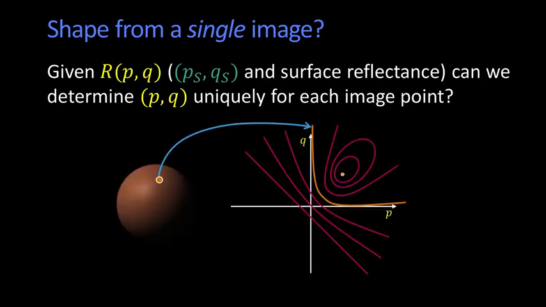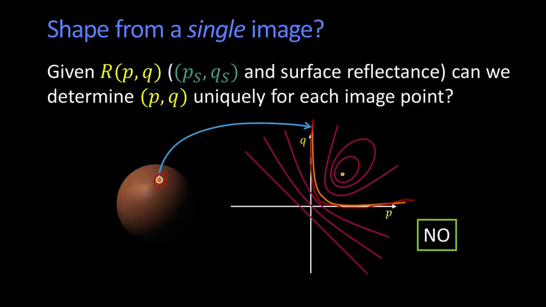Here we have some random point, and maybe its intensity compared to the brightest point is 0.7, so it's somewhere on that curve. I don't know exactly where it is in PQ space. So no, I can't simply from this analysis determine the total shape or the orientation at every location.